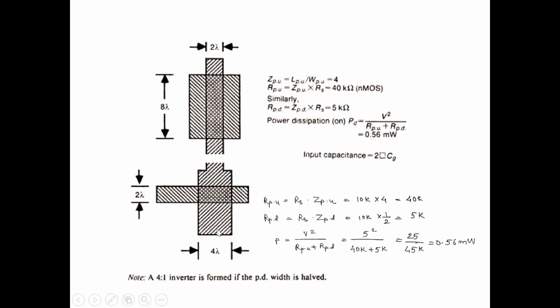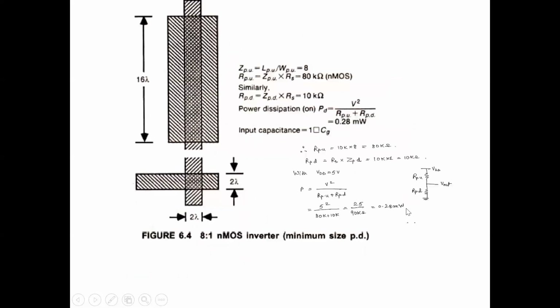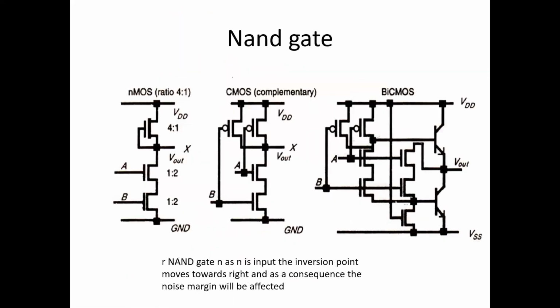The pull-down is going to be 2 divided by 4, 0.5 into 10K will give you 5K. Totally, when we apply V equal to 5, V square is 25 by 45K, it is 0.56 milliwatts. So we see that as the length and width of pull-up and pull-down vary, the power dissipation will also vary.